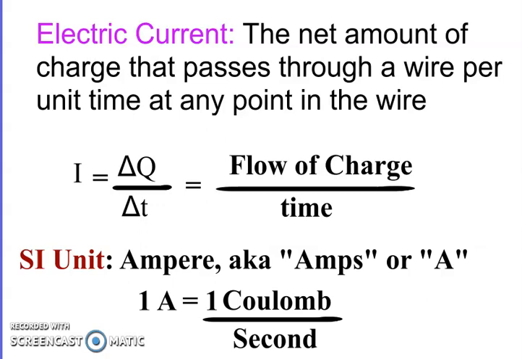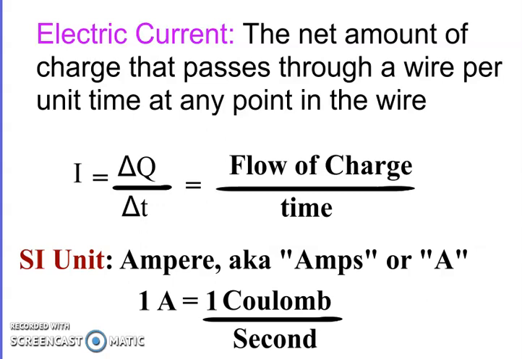By using something called an ammeter, a device used to measure current, we can literally count the amount of charge going past per second. So we can determine the current anywhere by knowing the change in charge, the number of charges passing by, divided by the time interval that we were counting.